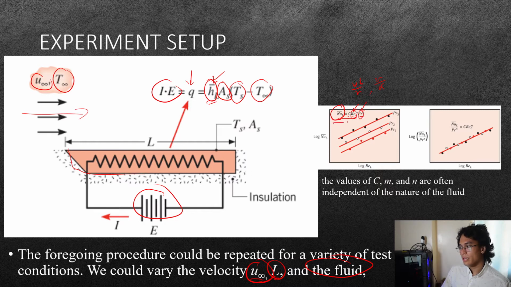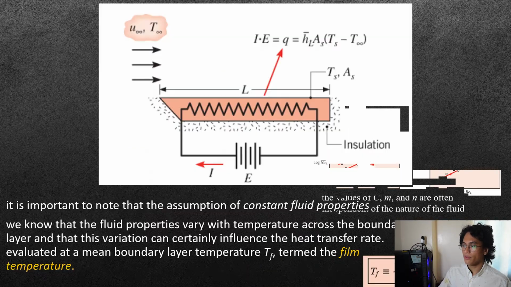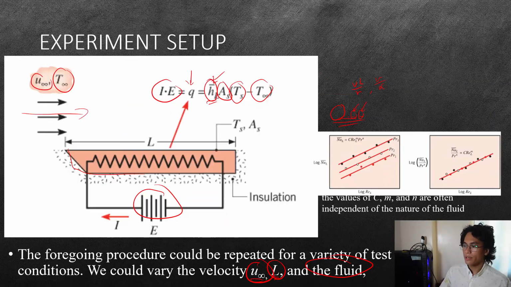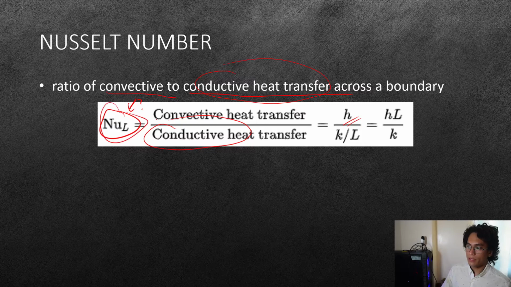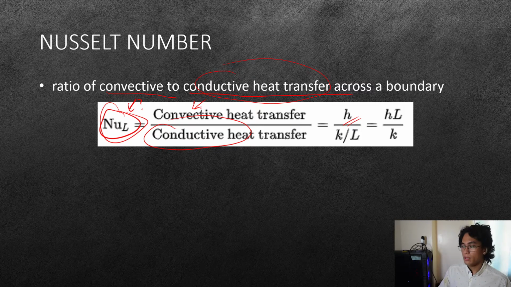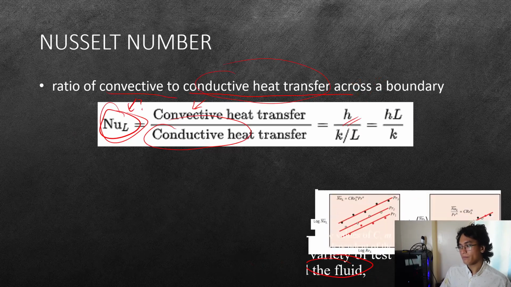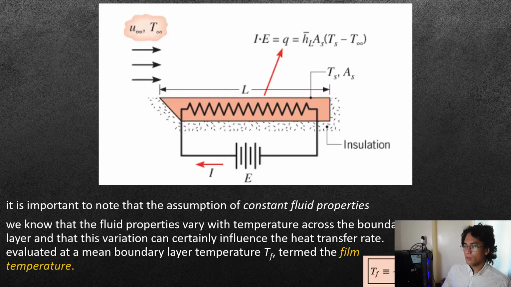So this, in the end, gives us a useful and very convenient expression for us to solve for a specific Nusselt number. And remember, once we have this Nusselt number right here, solving the convection heat transfer coefficient will be much, much easier. So it is important to note, however, that the assumption lies with constant fluid properties.